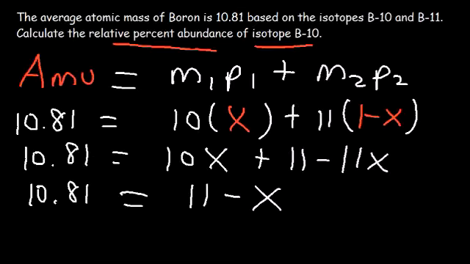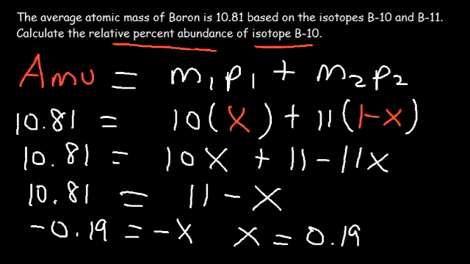So 10.81 minus 11, that's negative 0.19. And so if we multiply both sides by negative 1, we can see that X is positive 0.19, or basically 19%. So if isotope B10 is 19%, that means B11 is 81%. But the answer that we're looking for is 19%.